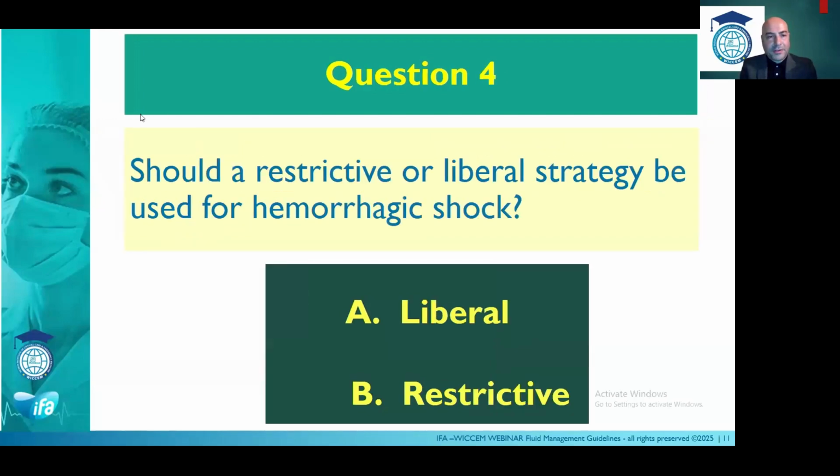Let's move on to question number 4. Should we use restrictive or liberal strategies in patients with hemorrhagic shock? Again, hemorrhagic shock has different causes. It could be because of blunt trauma or penetrating trauma, or it could be non-traumatic.